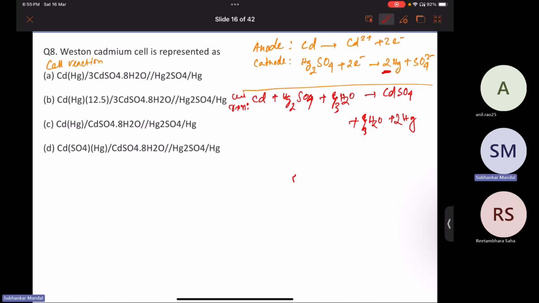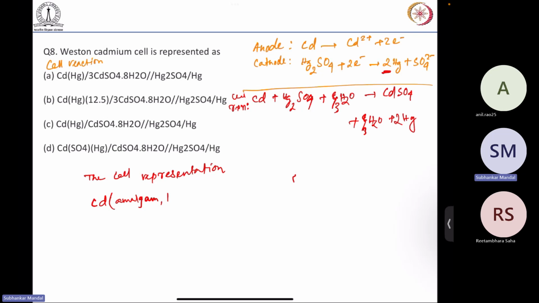So in this case, what can we represent as the cell representation? Basically cadmium amalgam. In general, this amalgam is around 20.5%.